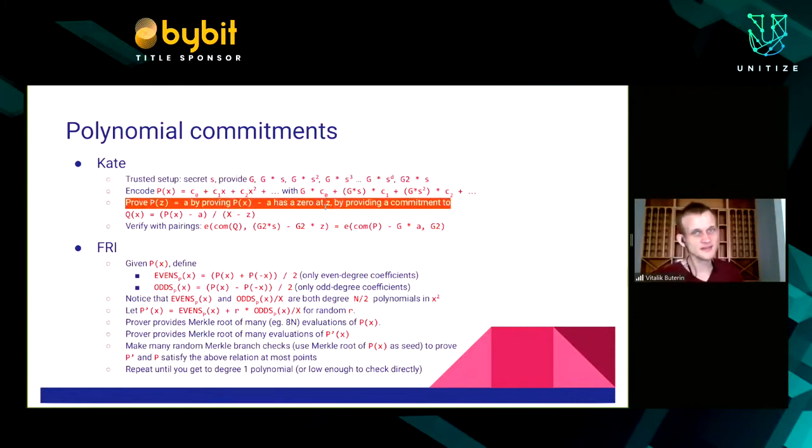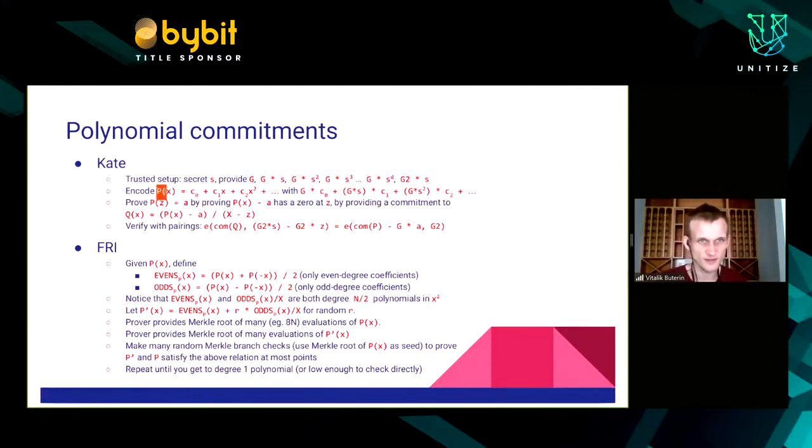But then the way that we do an opening proof is: if you want to prove that p of z equals a, you do it by proving that p of x minus a has a zero at z. And to prove that, you prove that x minus z is a factor of p of x minus a. You do that by providing p of x minus a divided by x minus z.